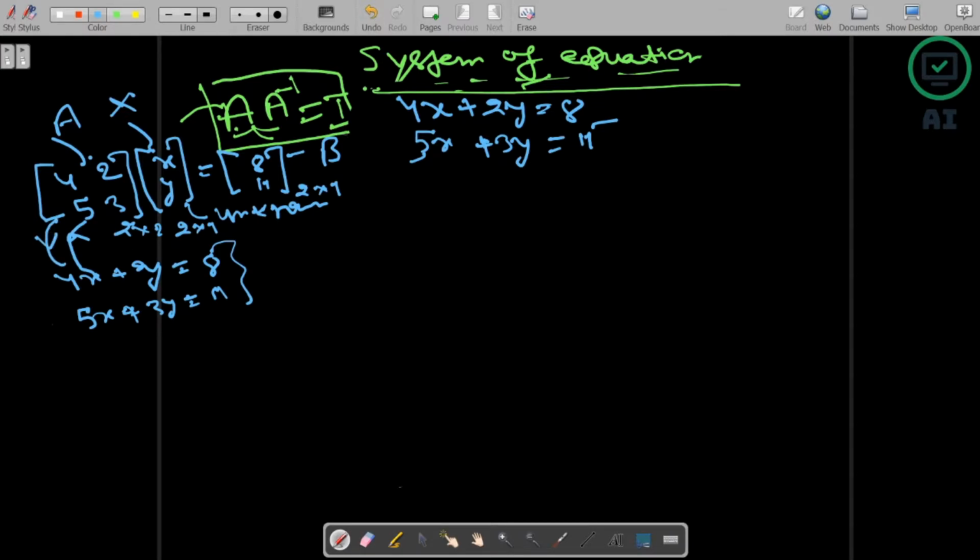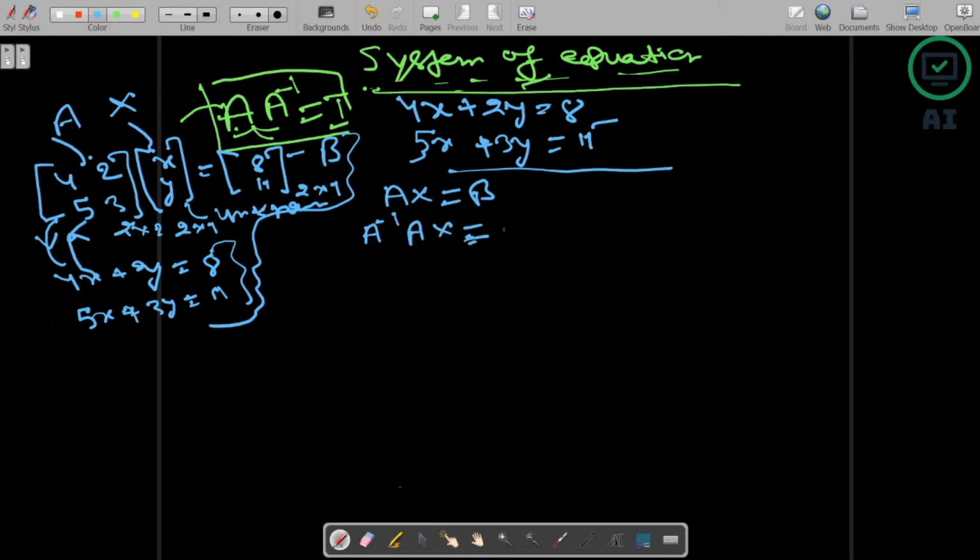So let's solve this by using this equation. We have given the names A, X and B. So we have to solve AX equals B. Can we multiply A inverse on both sides? So A inverse AX equals A inverse B. By using the associativity rule, we can club these together.